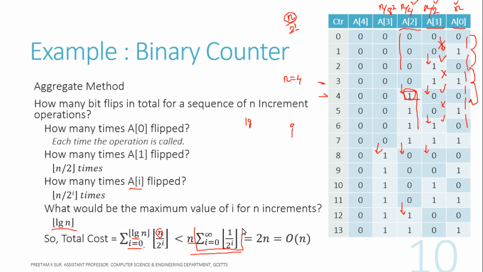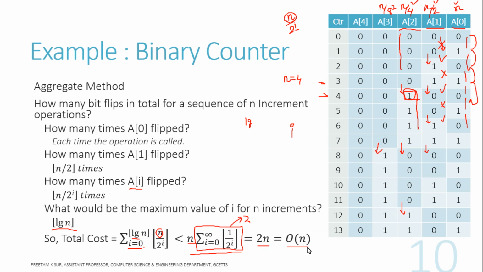From your knowledge of mathematics, you know that the summation from i equals 0 to infinity of 1 by 2 to the power i is nothing but 2, right? So this whole entity, n into the summation, is nothing but 2n, which is basically order of n.